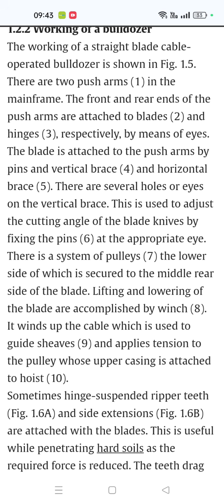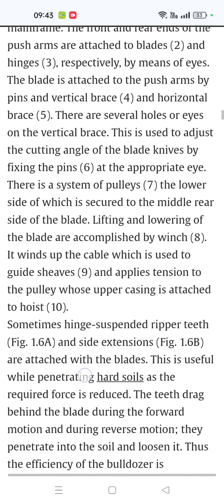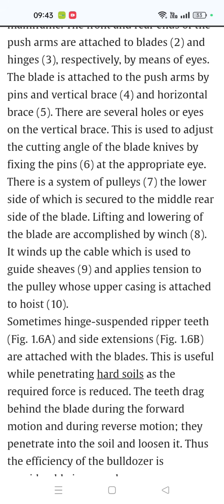and horizontal brace 5. There are several holes or eyes on the vertical braces. This is used to adjust the cutting angle of the blade by fixing the pin set at the appropriate eye.